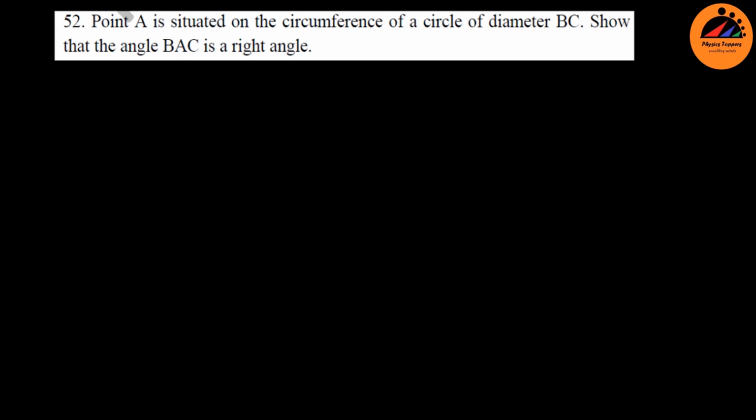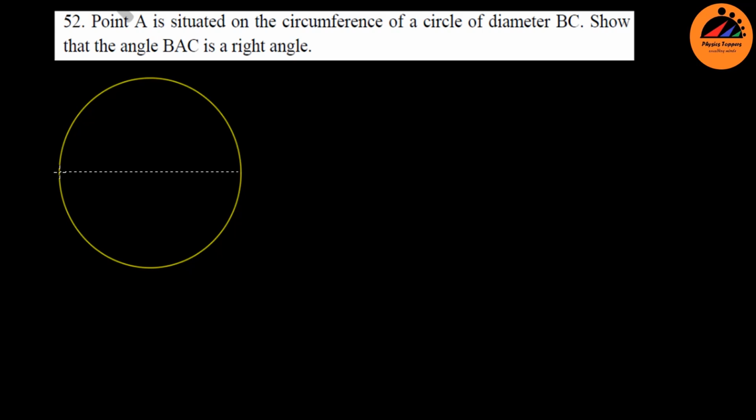So first let's draw it. And let's draw the diameter. Okay, now let me point the center. Suppose this is the center of the circle, this red dot, and suppose this is B and this is C, and let's mark any arbitrary point.